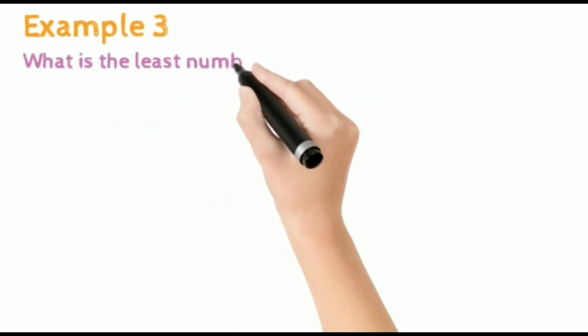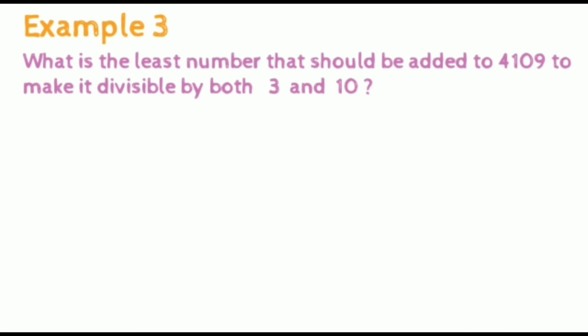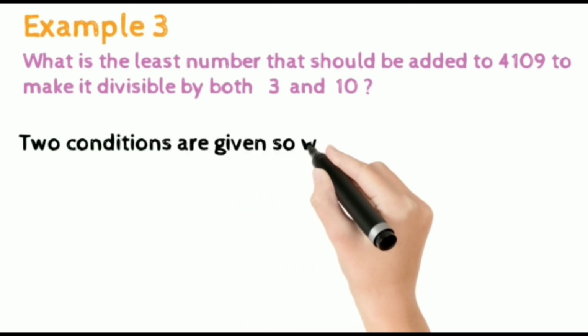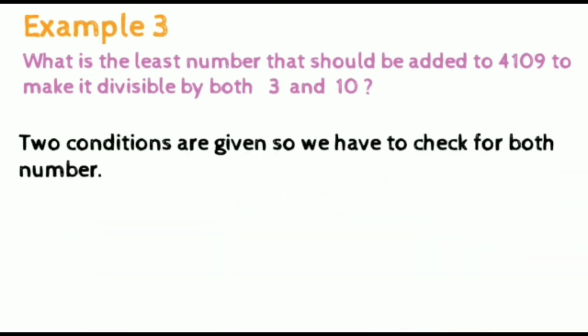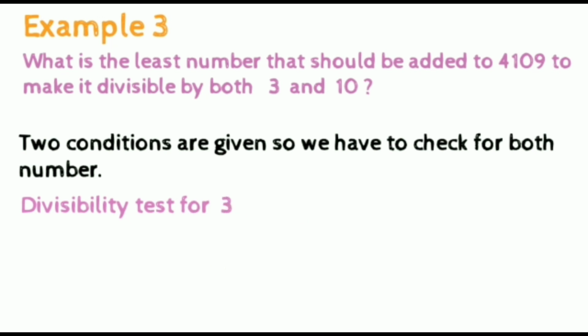Example 3. What is the least number that should be added to 4109 to make it divisible by both 3 and 10? Two conditions are given here. We have to check both numbers 3 and 10. First, the divisibility test for 3.